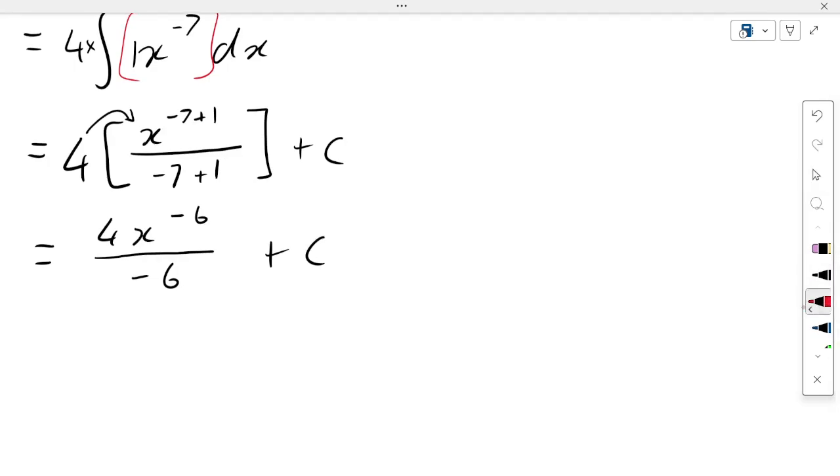These will simplify into 2 divided by 3. So then it's going to look like this. And then this is going to be 2 x to the power of negative 6 divided by negative 3, like that. Okay. And also plus c, by the way.